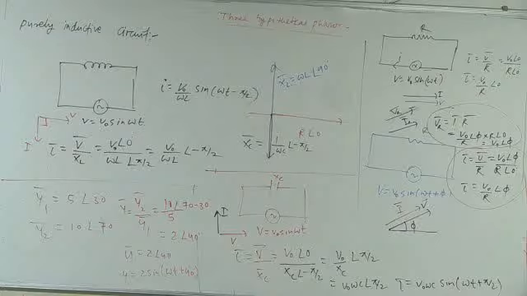Everyone, this is clear now. Now we are going to discuss the most important part of this AC circuit, when all the things will be together: capacitor, inductor, and resistor.